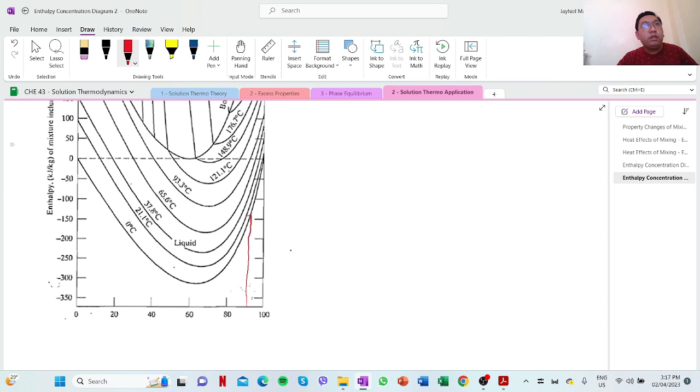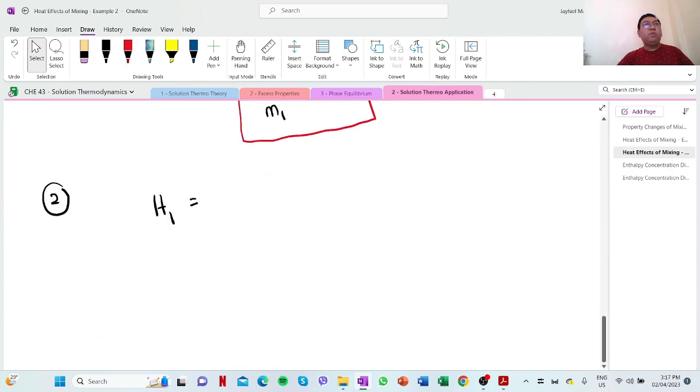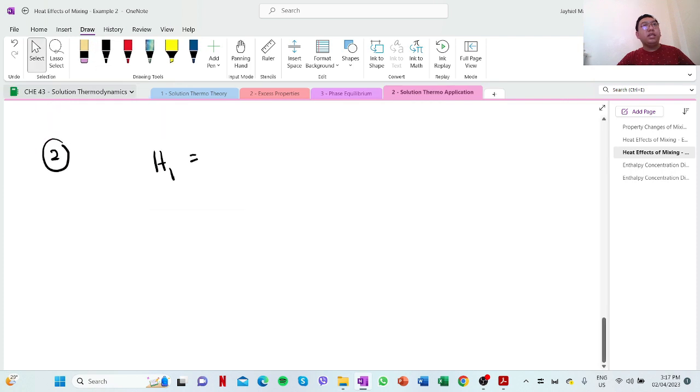And then I'm going to stretch it more or less 150, or negative 150. So my H1 value is negative 150 kilojoules per kilogram.